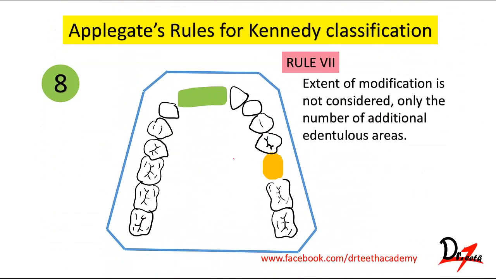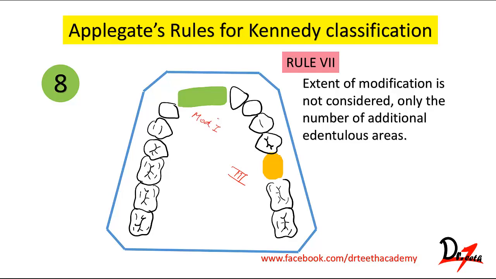Rule 7. Extent of modification is not considered, only the number of additional edentulous areas. It means that here you can see in this example it is class 3. Obviously I'm giving the same example because it was easy to copy and paste. So this is class 3 and this is modification 1.